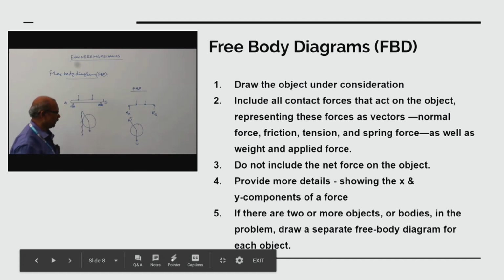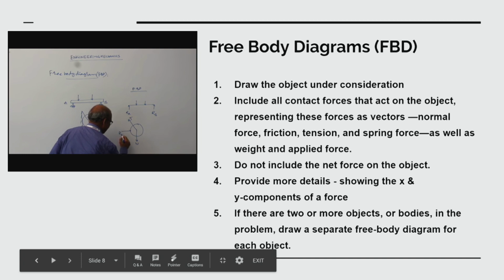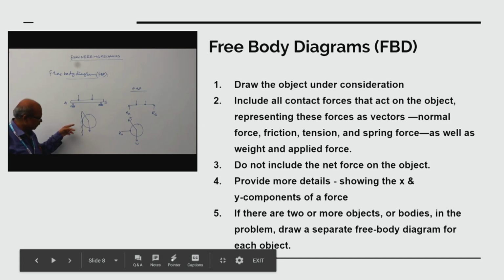We treat it as a tension, that force or tension in the string, and this is the reaction of the wall. Here the sphere is pushing the wall and hence the wall applies a force on the sphere. So these are the different kinds of forces acting on the object.